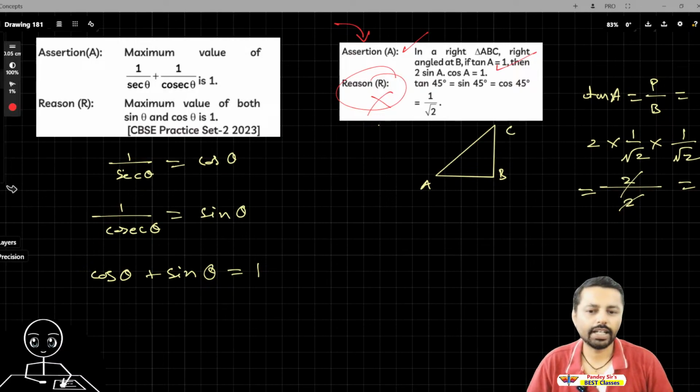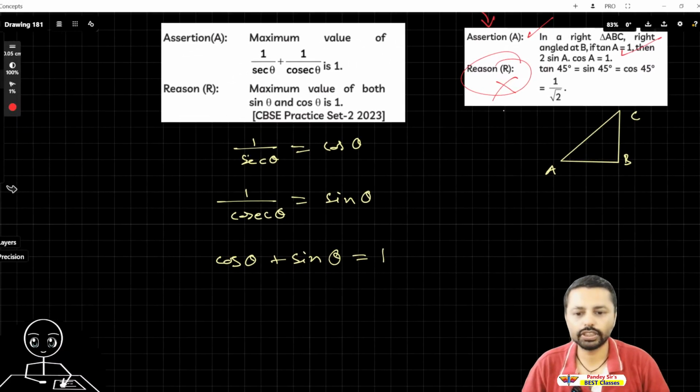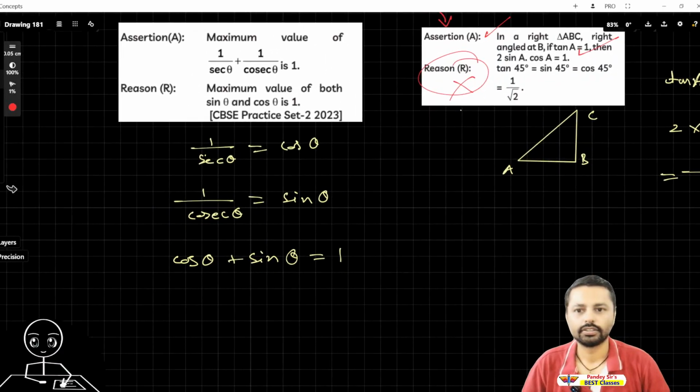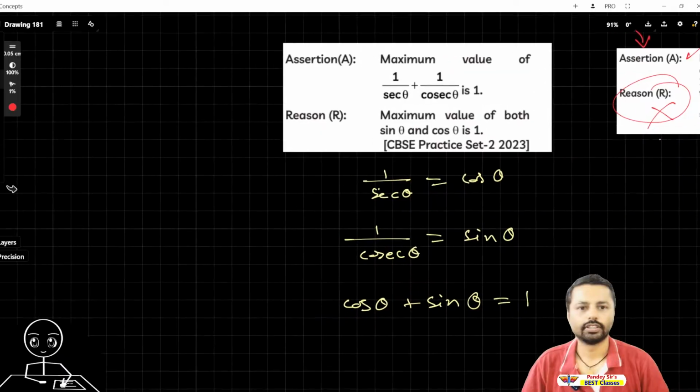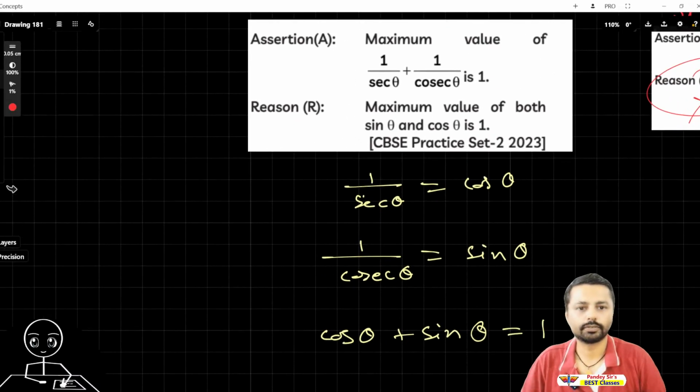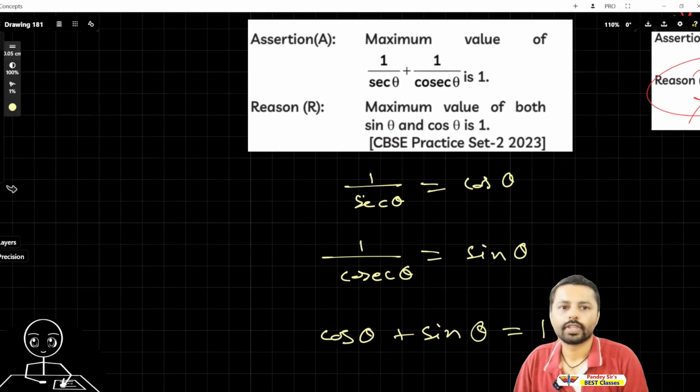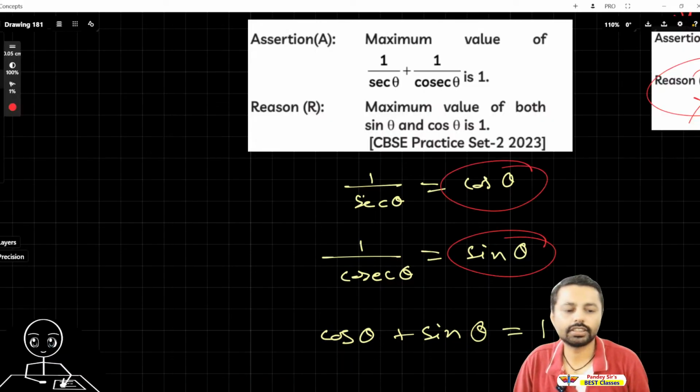Earlier, you remember I did this one in this question here. See, you focus on this question once. This is cos theta, this is sin theta, and this is cos plus sin theta.